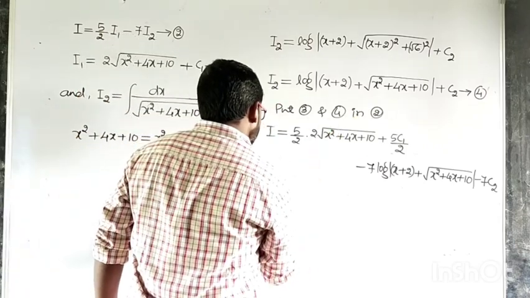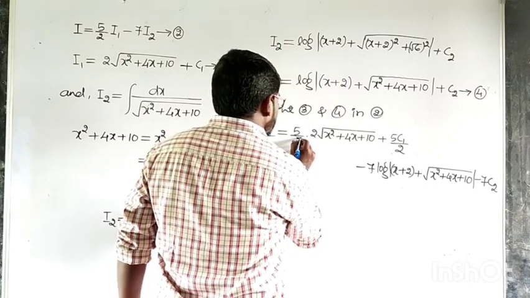So I is equal to 5, here 2 gets cancelled.